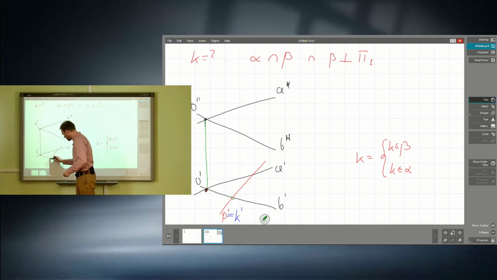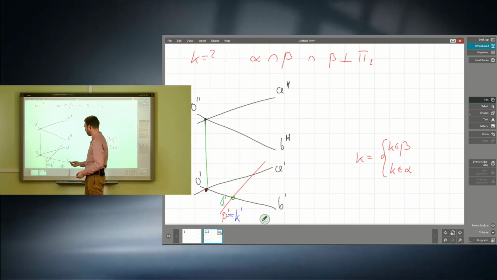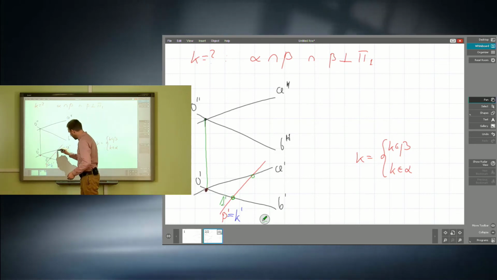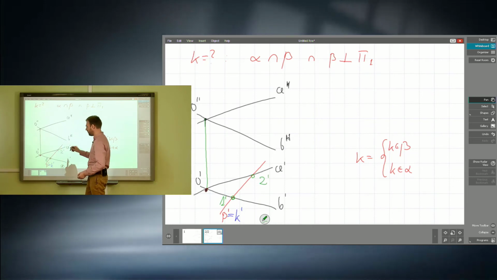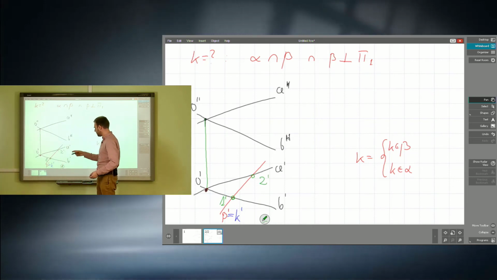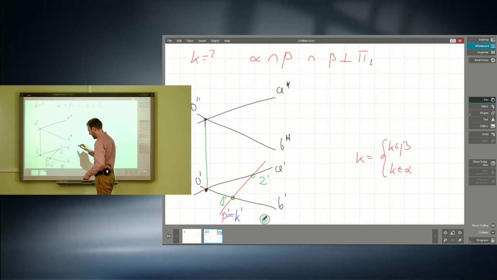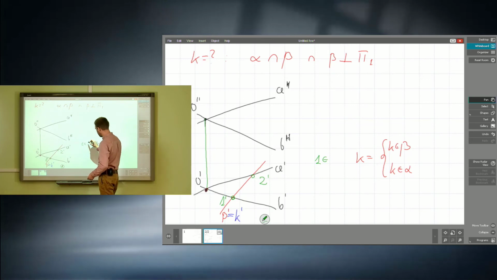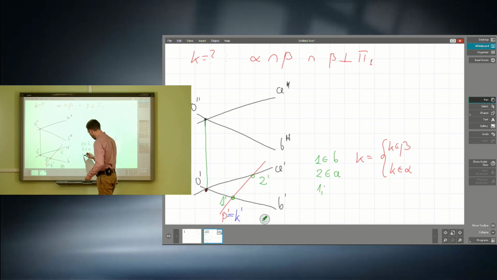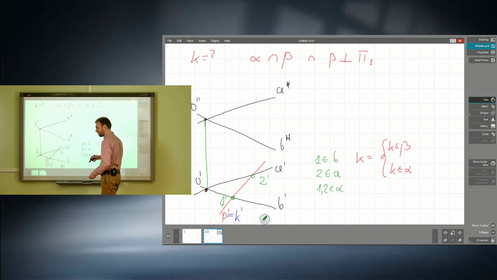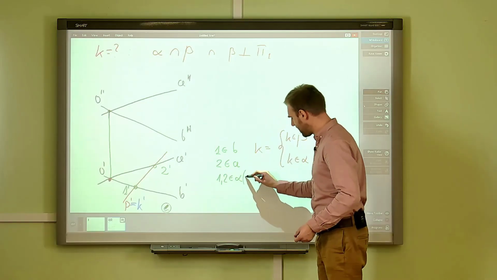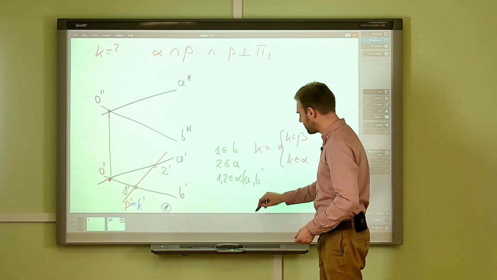It's easy because here we have, let's say, 1 point which belongs to alpha, from B. Second point from alpha, let's say 2, belongs to A. Let's write down those facts: 1 belongs to B, 2 belongs to A, and 1 and 2 belong to alpha. Why? Because A is an element from alpha and B is an element from alpha.